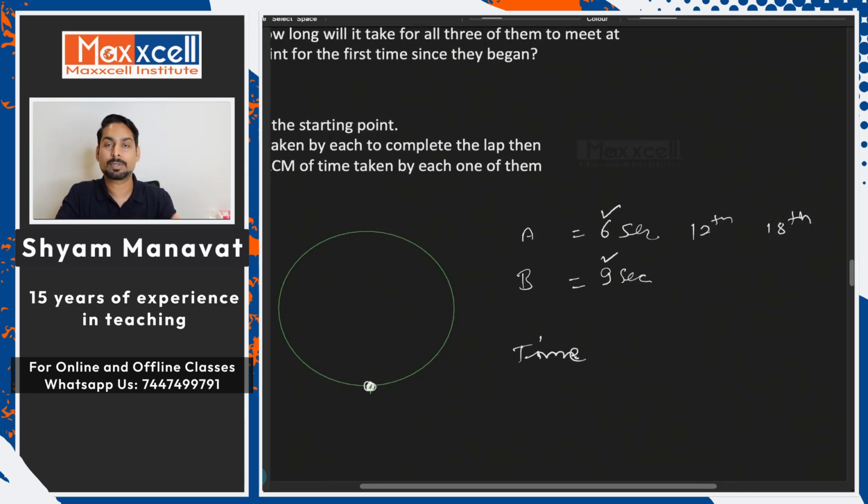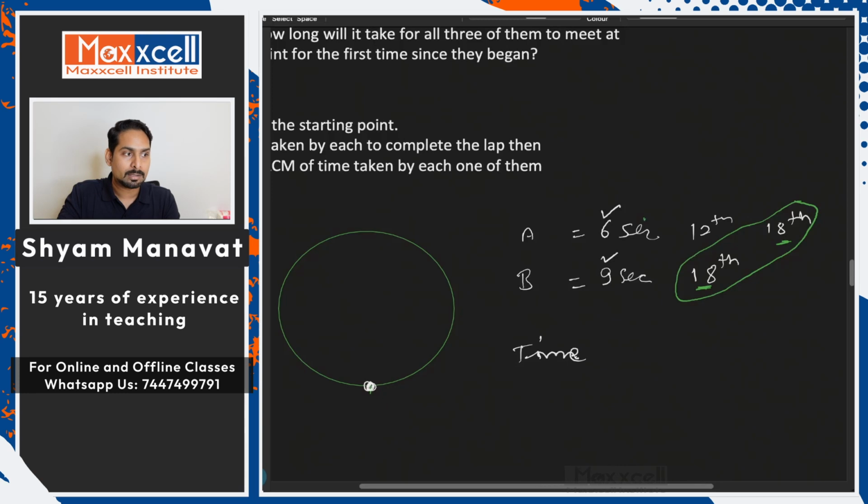Whereas Bob is at the starting point after the 9th second for the first time, then the 18th second the second time. When he reaches there after the 18th second, Alice is also there on the 18th second. So they are meeting at the starting point after 18 seconds.